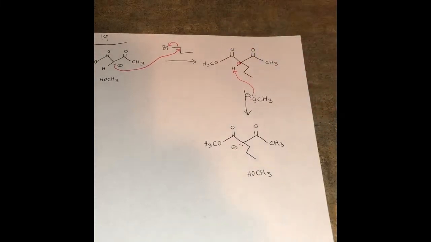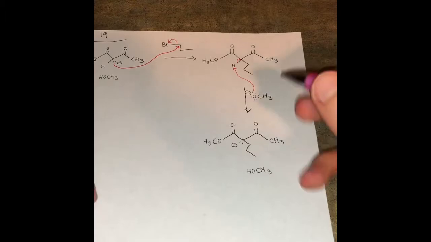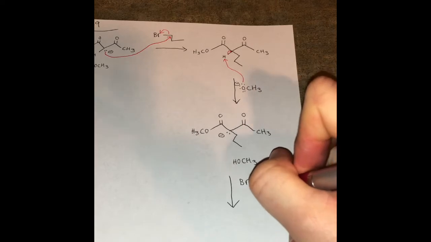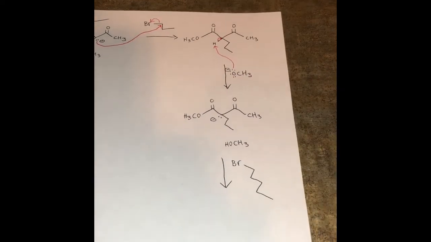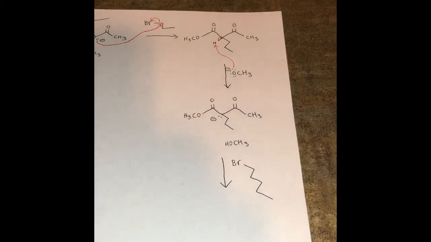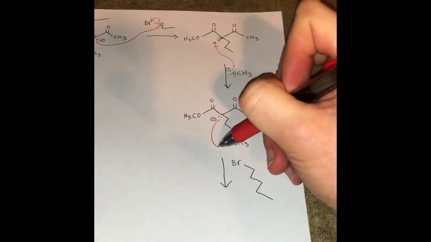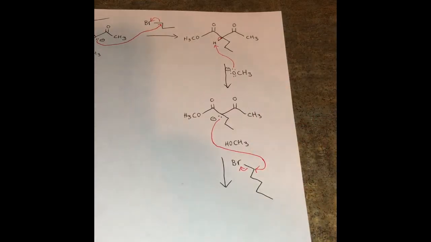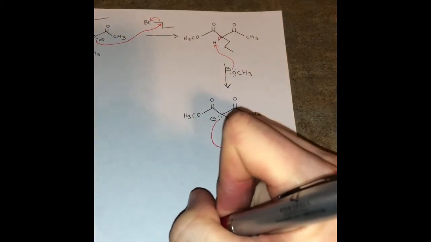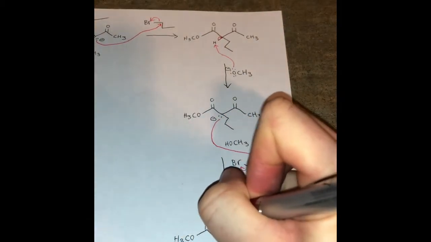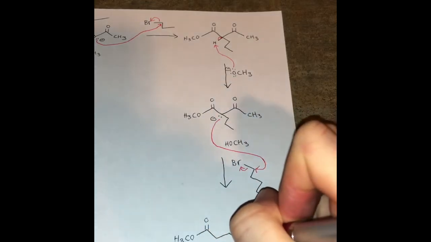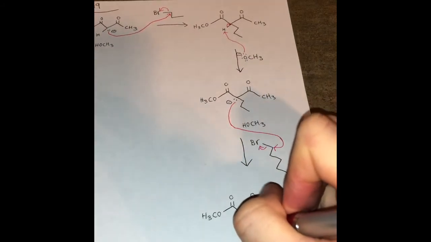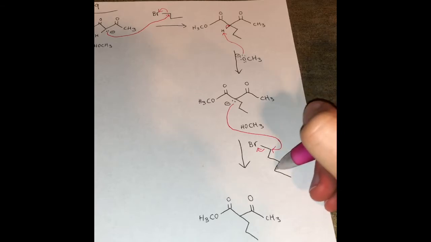We can add in another halide. Doesn't have to be the same one, we can pick a different one. So let's do a longer chain this time. Same SN2 reaction. Now this time we have 5 carbons.